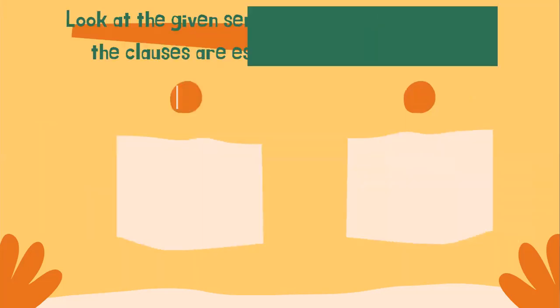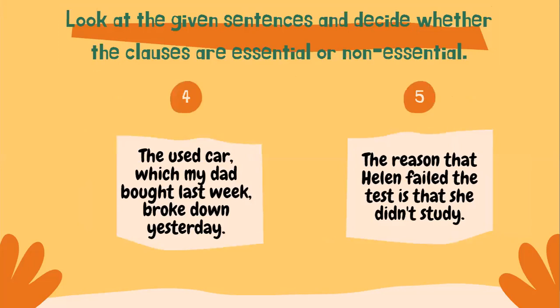Then we have two more. Number four, the used car which my dad bought last week broke down yesterday. Is it necessary to say which my dad bought last week? If it is, then it is an essential clause. If it is not, then it is a non-essential clause.